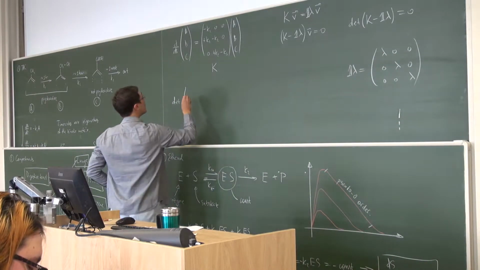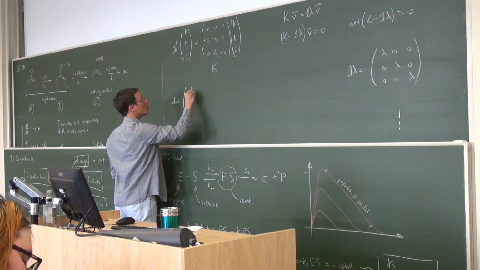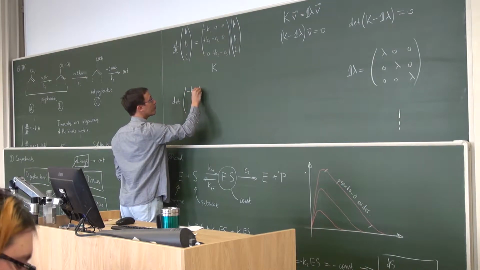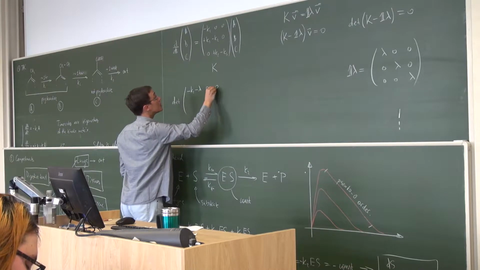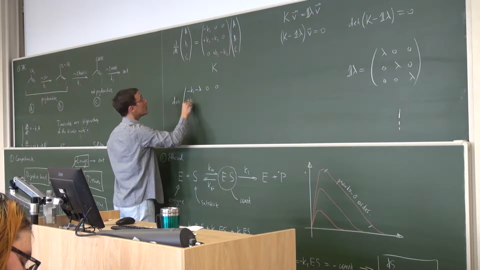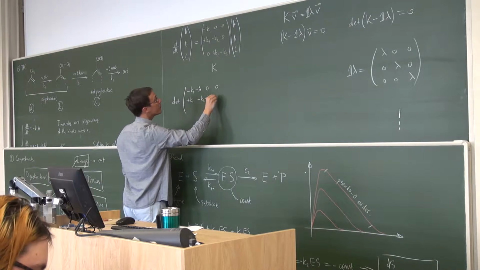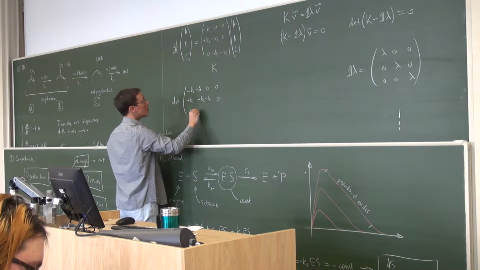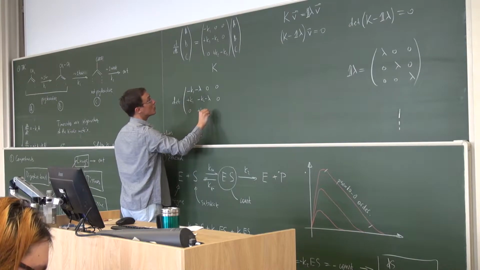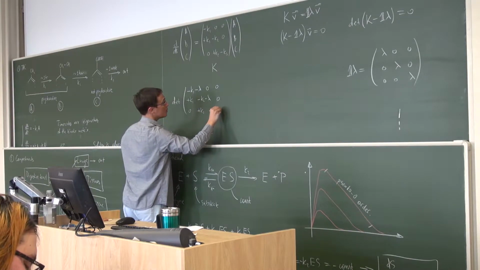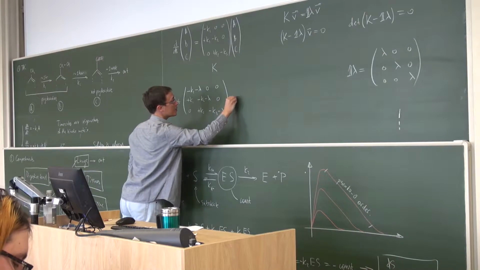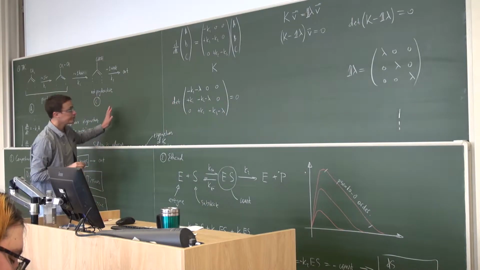So what we have here is minus k1 minus lambda, 0, 0, plus k1, and then minus k2 minus lambda, 0, 0, plus k2, minus k3 minus lambda, and this determinant must be 0.